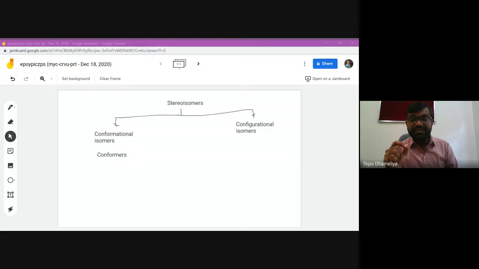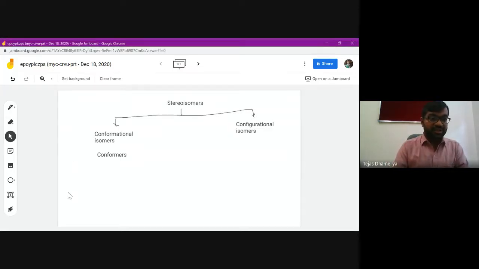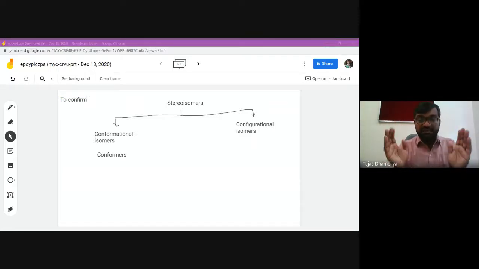These conformers are different from the terminology called to confirm. That is different. To confirm means to decide, to fix, to make the decision.